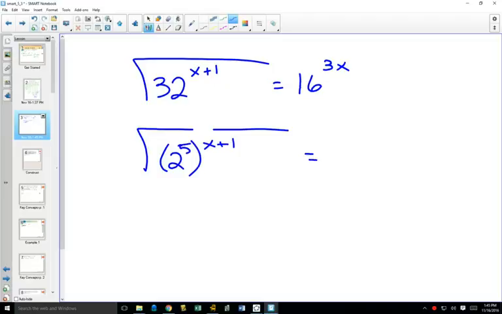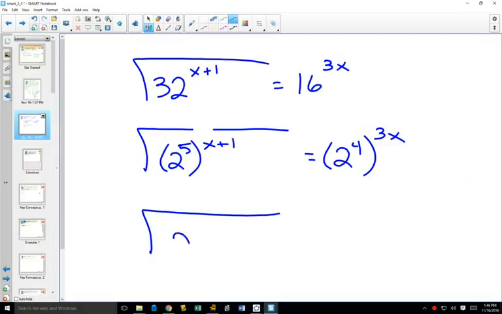And this side would be 2 to the 4 to the 3x. Okay? Are you okay with this side, using our exponent laws, being 2 to the 5x plus 5? Are you okay with this side being 2 to the 12x?